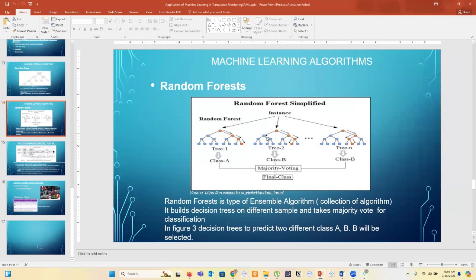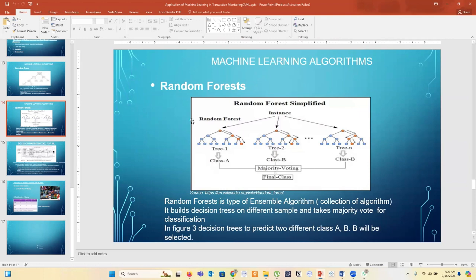It will split the same data set into three different data sets, let's say 3 or 4, it depends, right? And on those data sets, it will run different decision tree algorithms. For example, here it is running three decision tree algorithms, and each algorithm will predict an output.